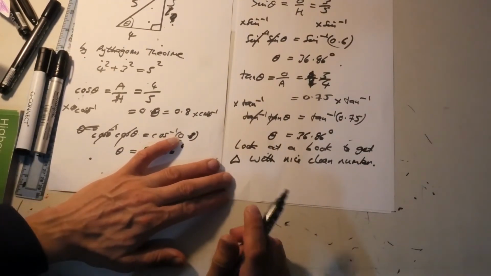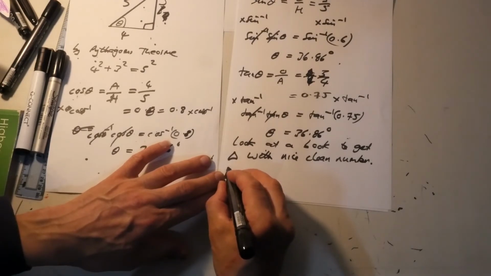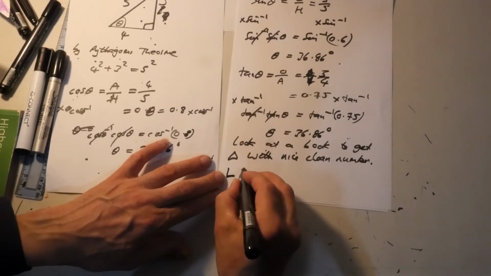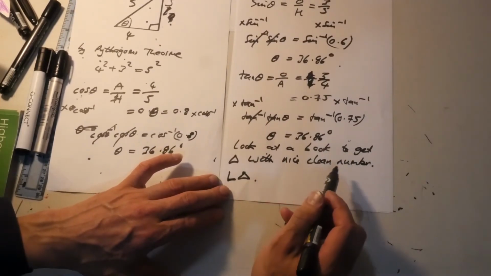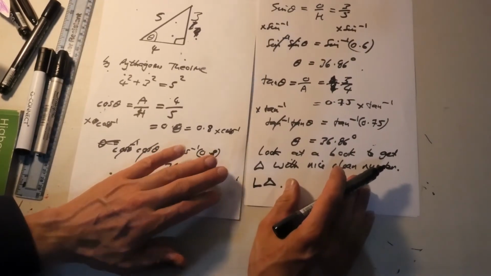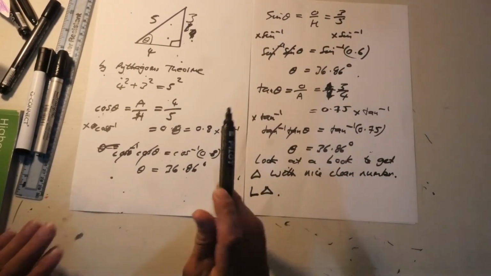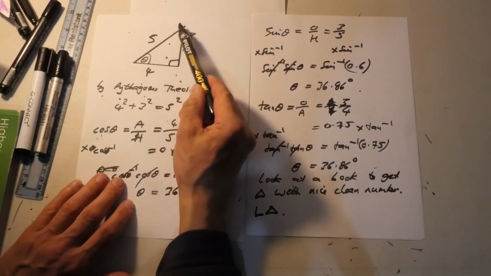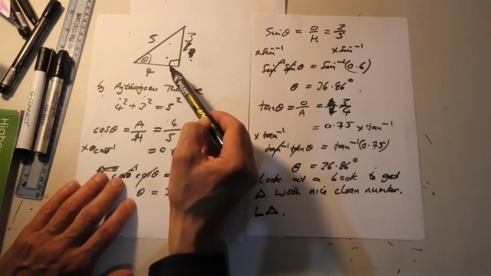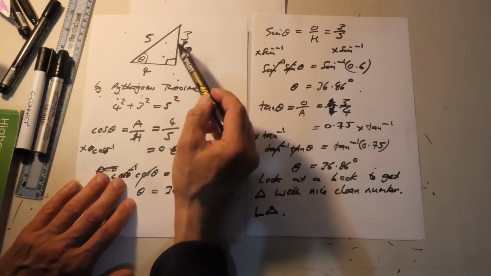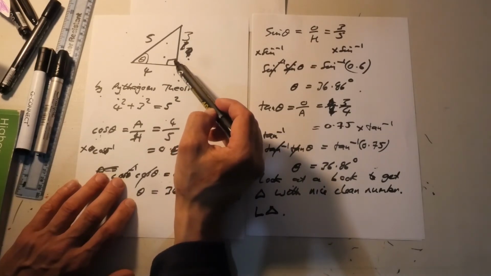This is for right angled triangles. You can write a right angled triangle like that. So look at a book to get triangles with nice clean numbers. I'll do one for another video, I'll look some more triangles up. I can't just make a triangle. If I think of a length, say 12, and another length, say 4, I can't necessarily use Pythagoras to work out that side, because it might not be a right angled triangle.